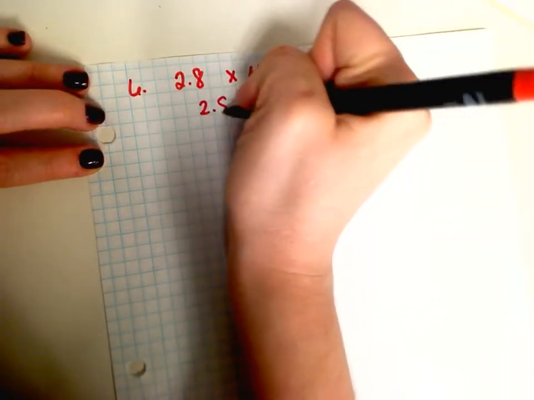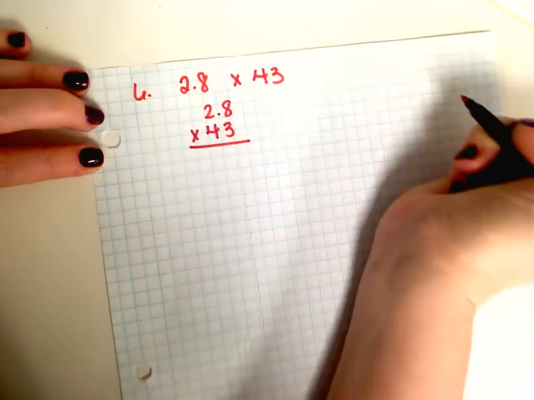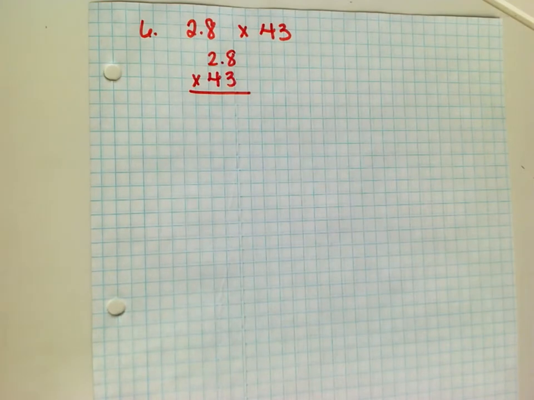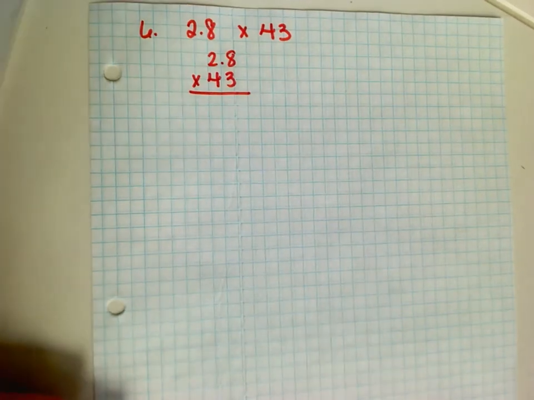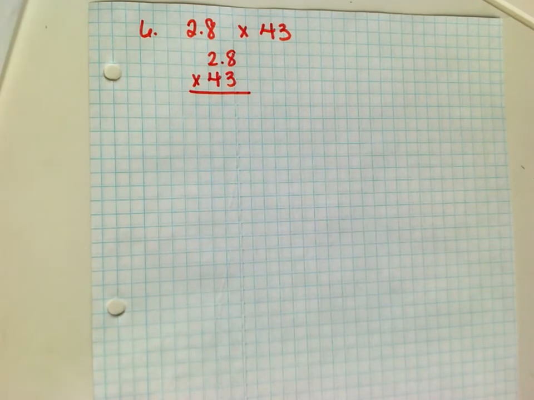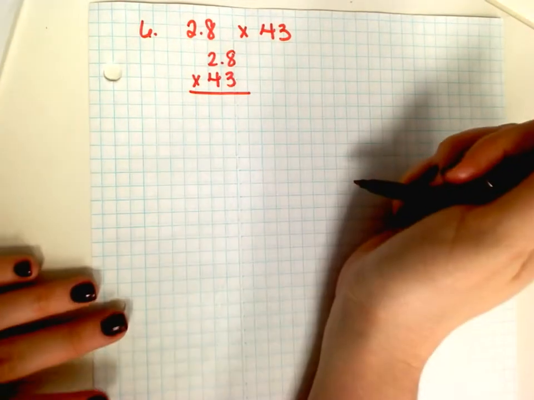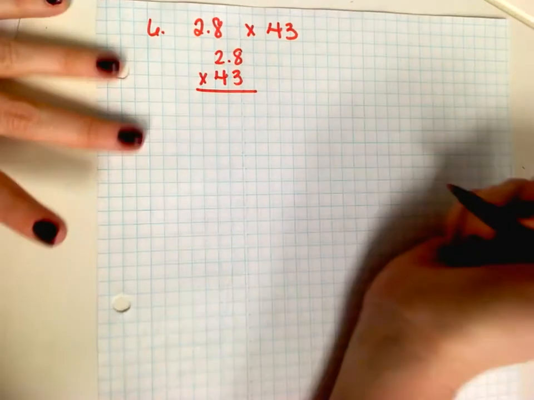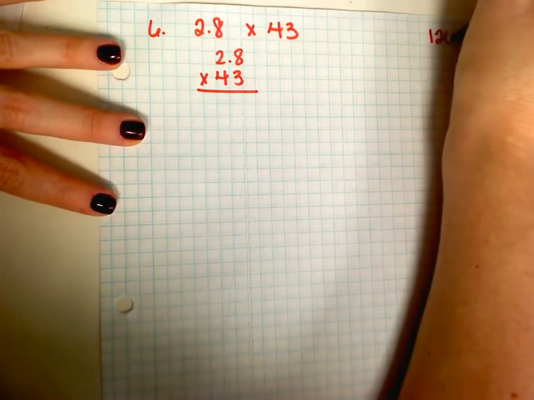I'm going to write it like this. Let me know when you get it. Good job. Taha, what did you get? 120 and 4/10. Very good. I love how you said it the right way. 120 and 4/10 is correct.